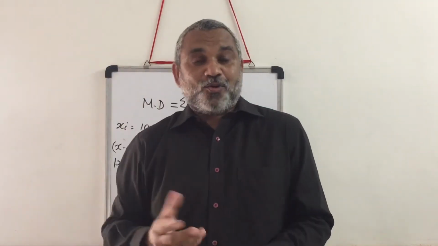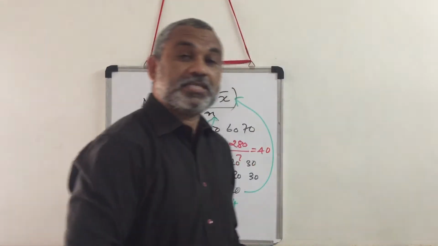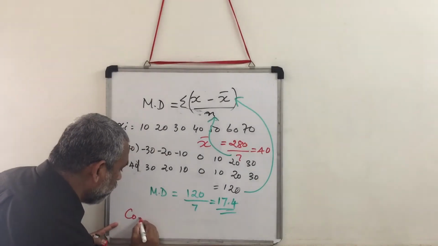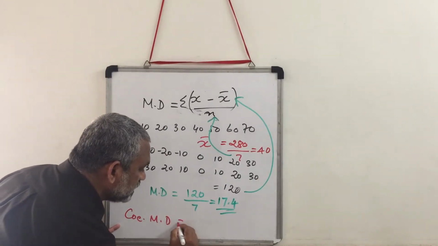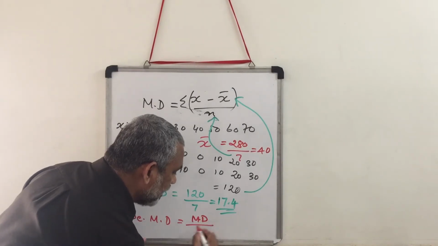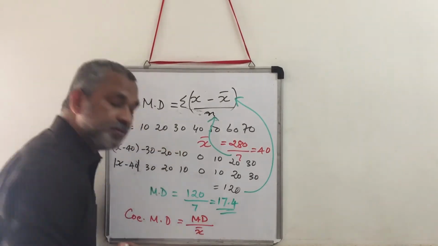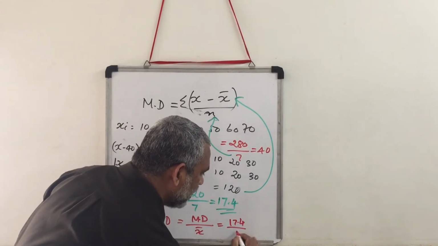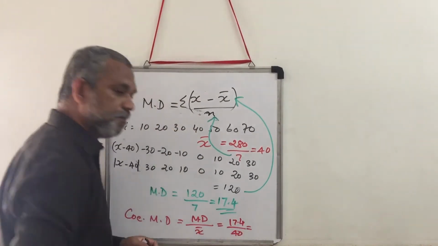Now there is another concept, that is the coefficient of mean deviation. Coefficient of mean deviation is equal to mean deviation divided by x bar. Therefore this is equal to 17.4 divided by 40.